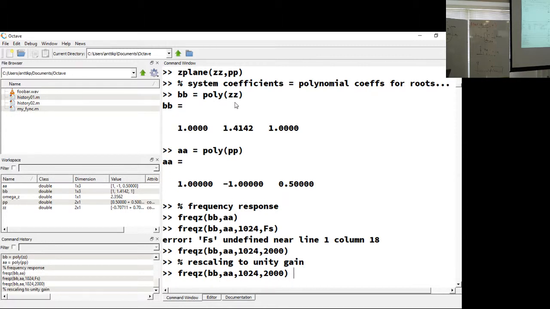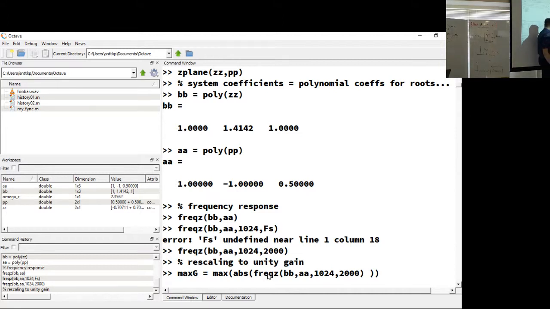What we can do is calculate, with the same frequency command, maxG equals the maximum of the absolute value of whatever this function is returning.